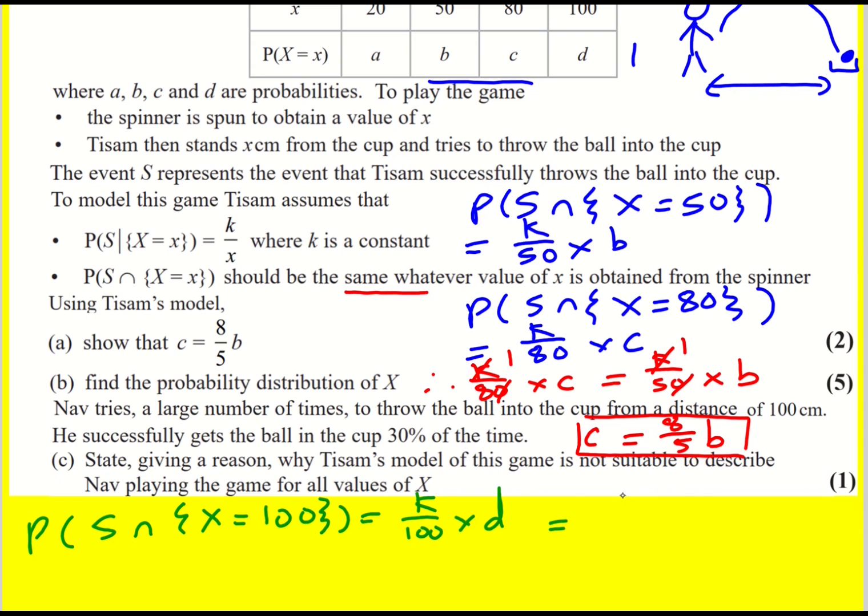But remember, that is again equal to k over 50 times b from before. It's the same idea throughout. I can write down d over 10 equals b over 5. So d is going to equal 2b.